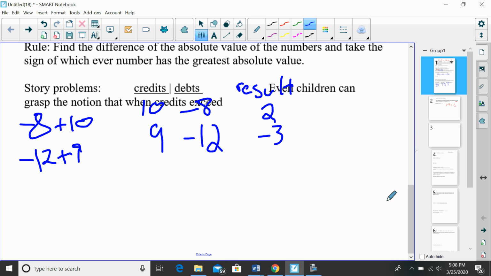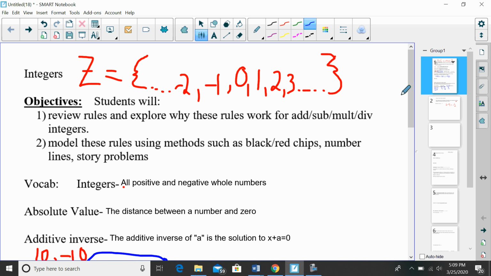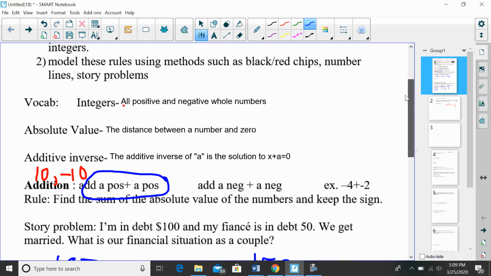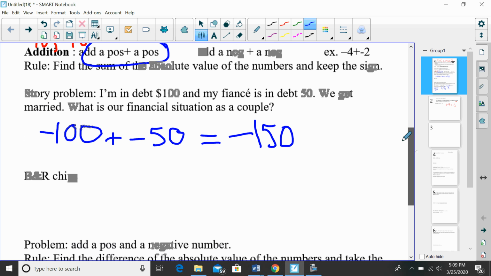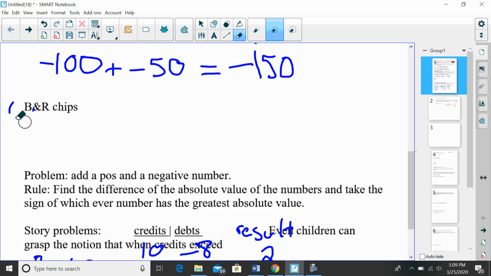So the next thing that I'm going to have you do is go to, because it's talking about here models with R&B chips, I'm using the term red and blue chips. I noticed on the videos they kept on using yellow, so why don't I circle that in yellow?